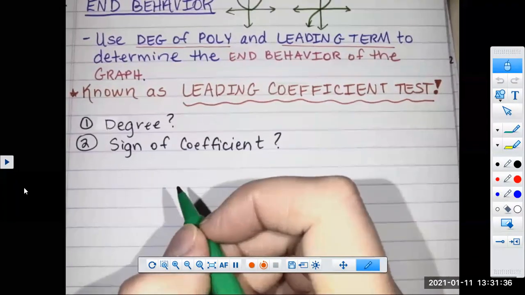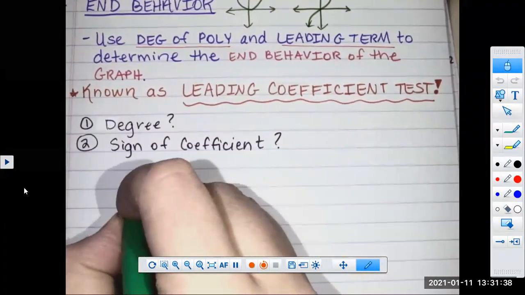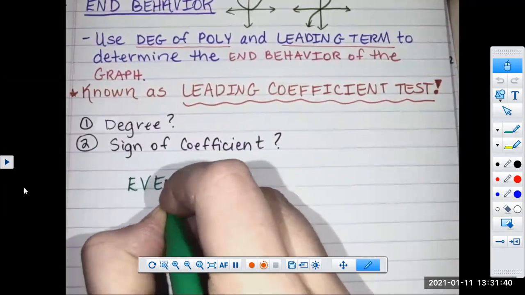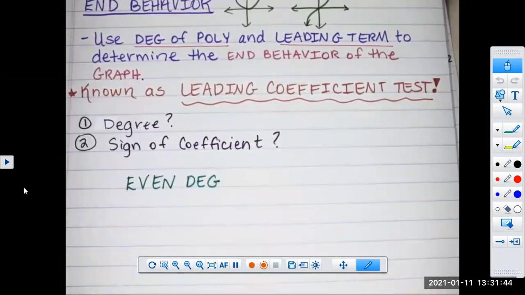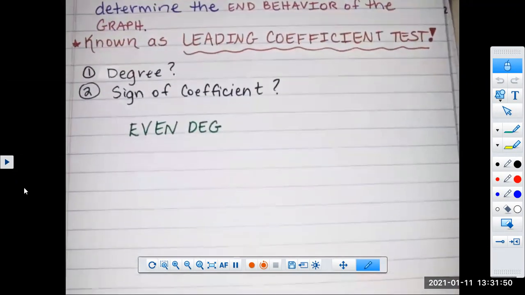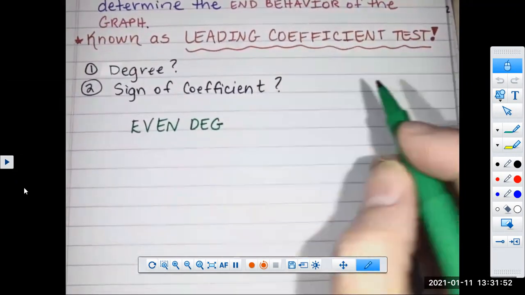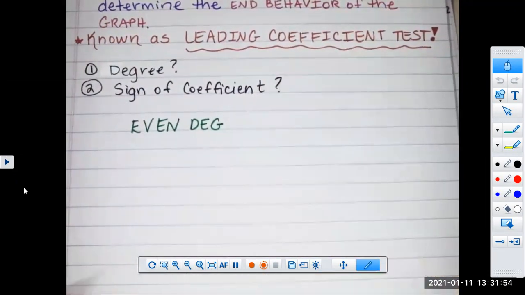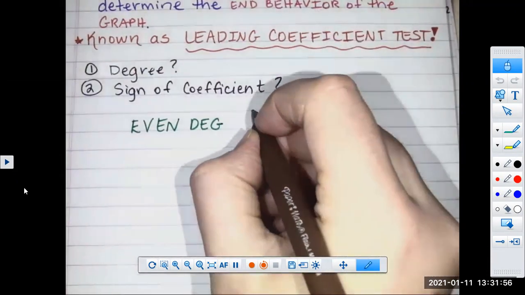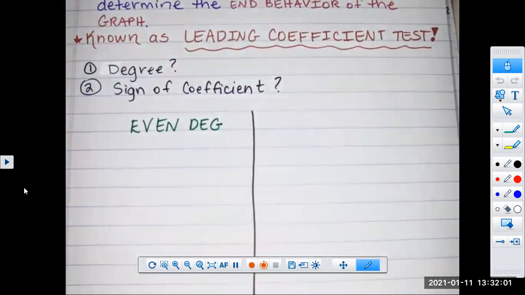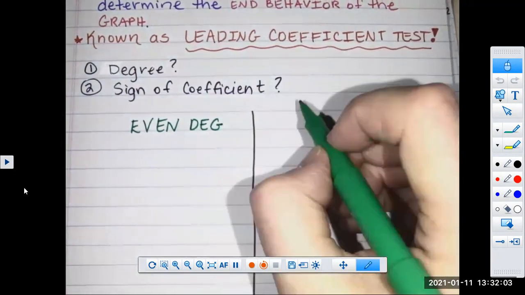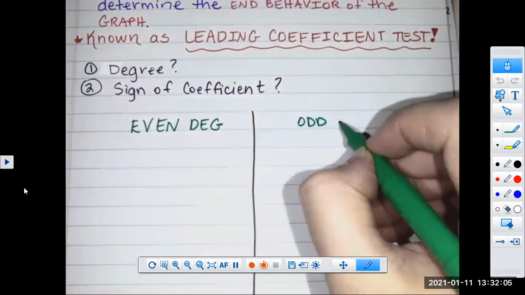Okay, we're going to look at what your graph looks like if it's an even degree, and what your graph will look like if it's odd degree.